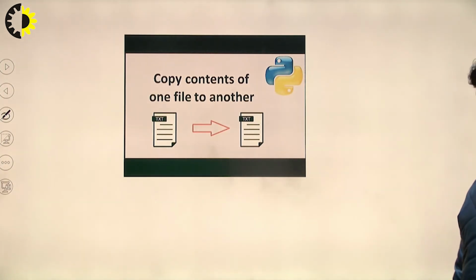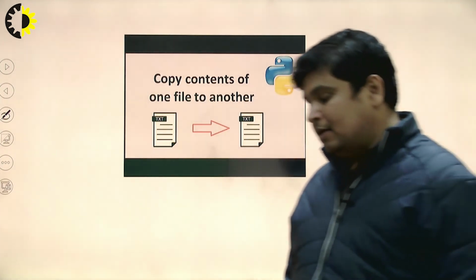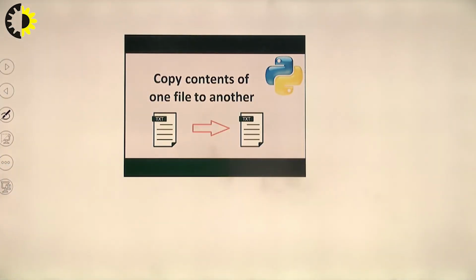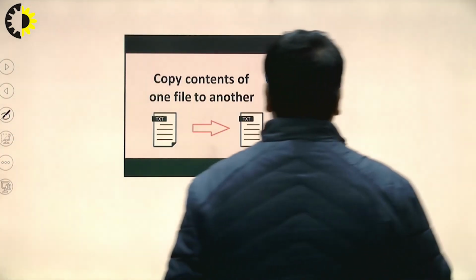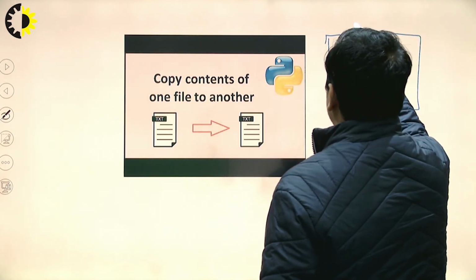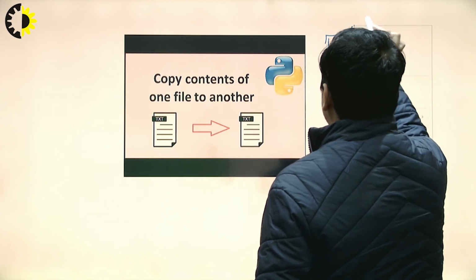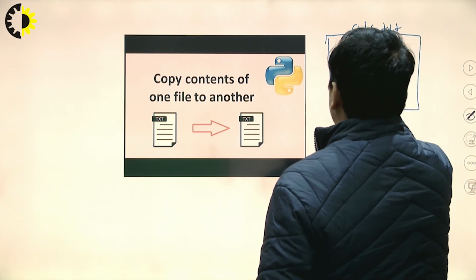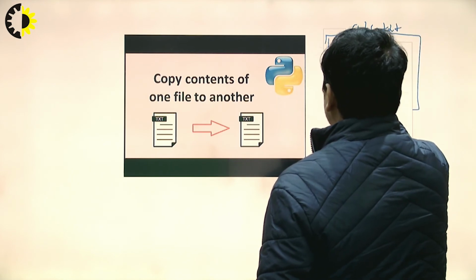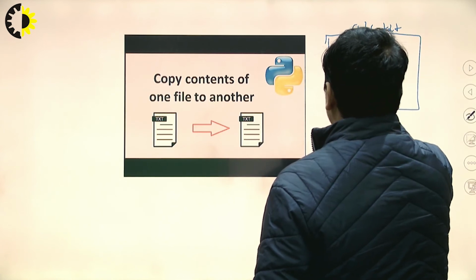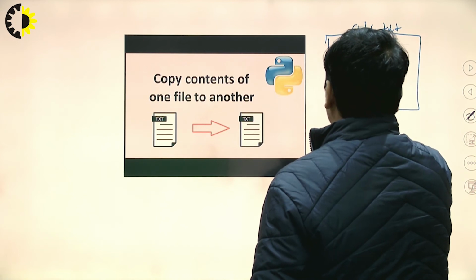Now in the next example I am going to discuss copying the content of one file into another file. This is a very important concept. Suppose we have one file, abc.txt. Some lines will be written here, Python programming.